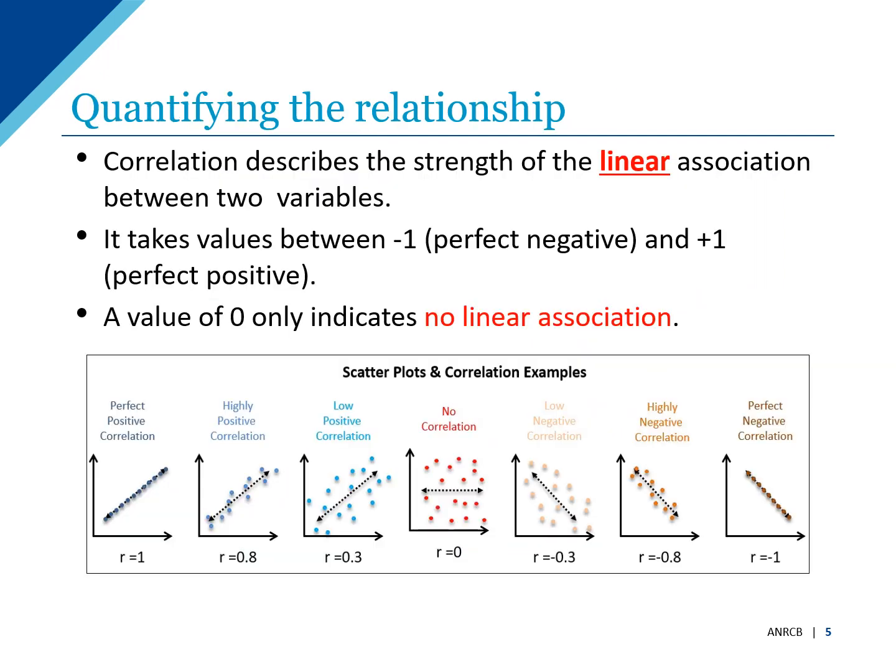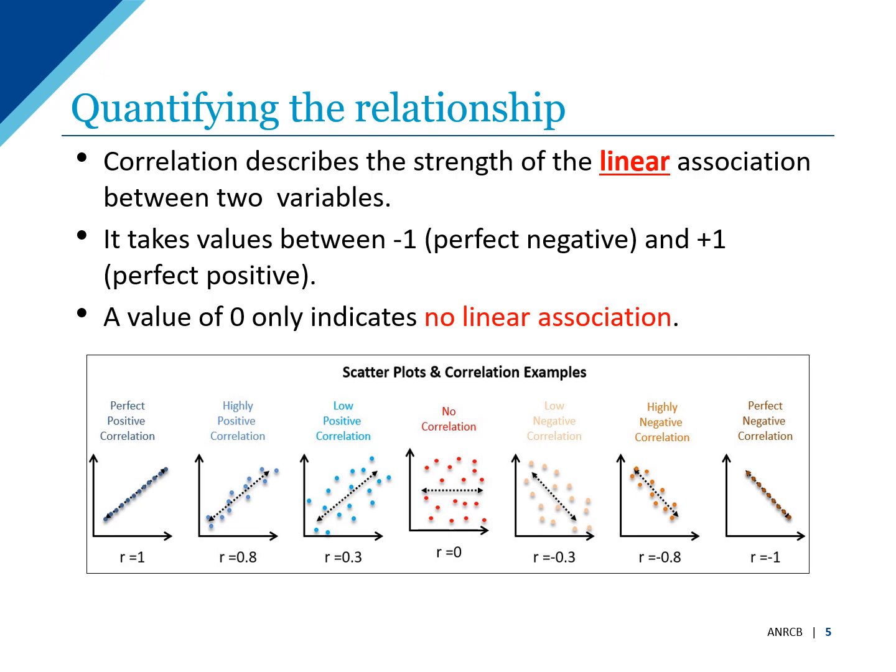When looking at two continuous variables, we can measure the strength of their association using correlation. Correlation is a measure of linear association. Correlation takes values between -1 and +1, where -1, as you can see on the far right plot, implies perfect negative linear association, and 1, as you can see on the far left plot, implies perfectly positively associated variables.